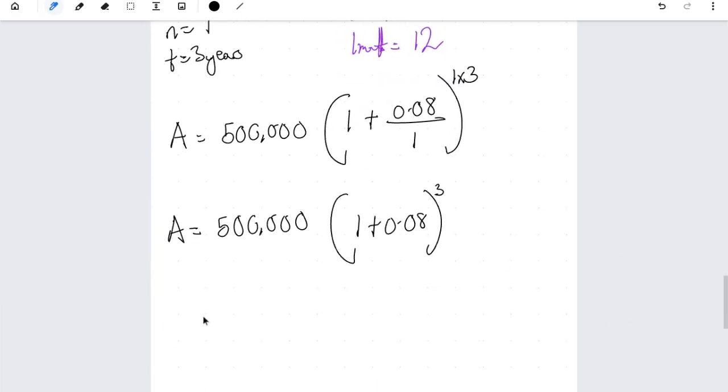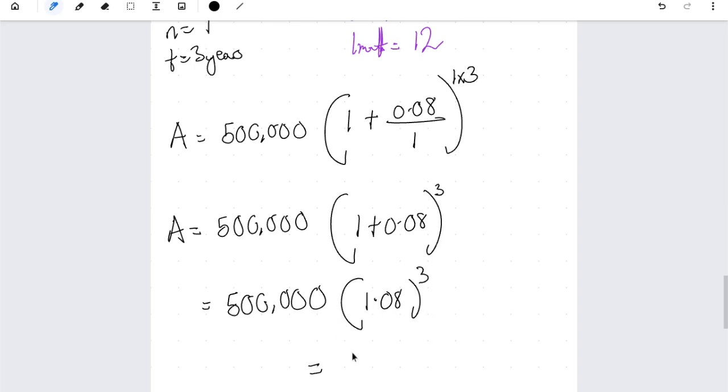So we have 500,000 bracket 1 plus 0.08, that's going to be 1.08 to the power of 3. Then you can input this on your calculator. Just type 500,000, then bracket 1.08 to the power of 3. So this 3 only affects what's inside the bracket.